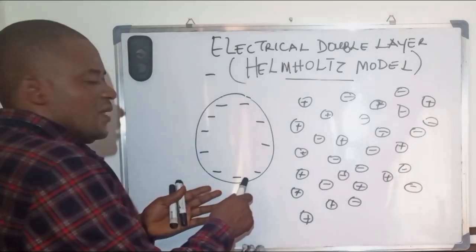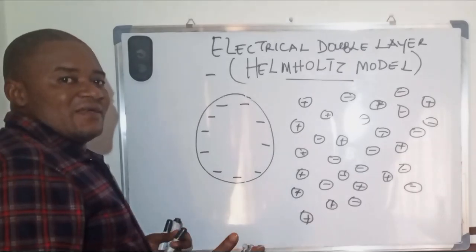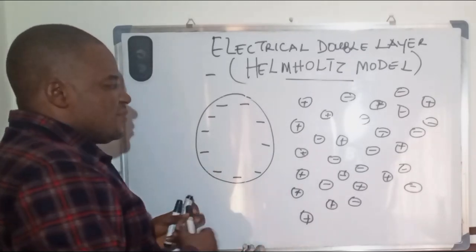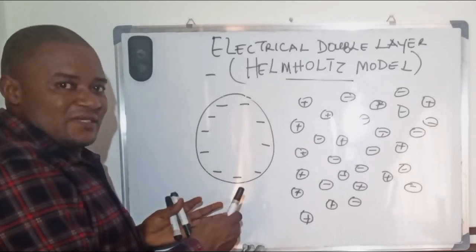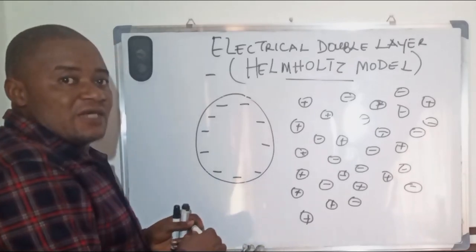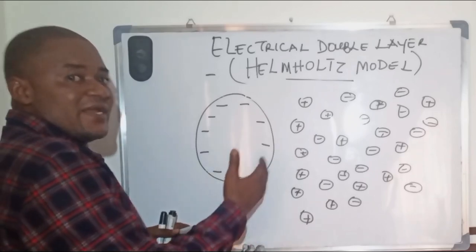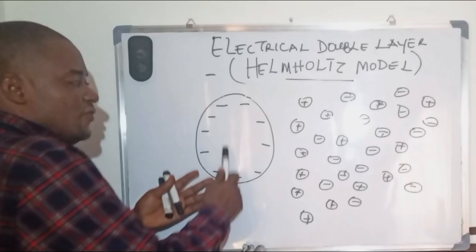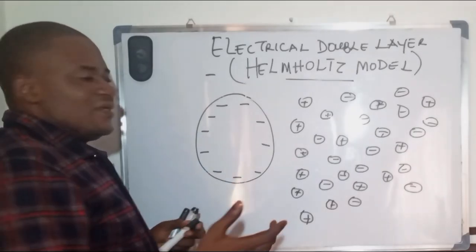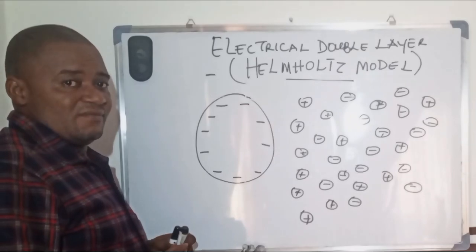Now, in order to balance these charges so that you do not have a breakdown in the process of the electrodes, solvated ions are going to migrate from the solution to this electrode simply by a process of electrostatic interaction.